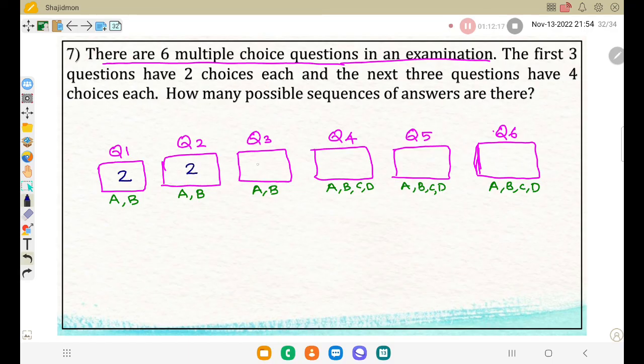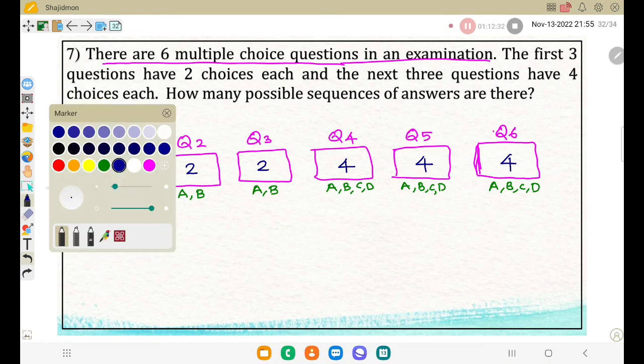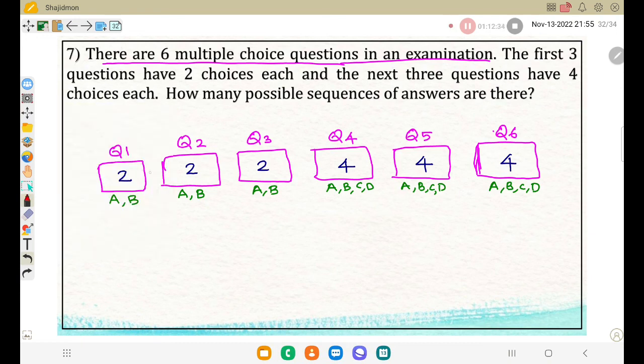Question 3, 2 possibilities. Question 4, 4 possibilities, either A or B or C or D, correct? Question 5, 4. Question 6, 4.